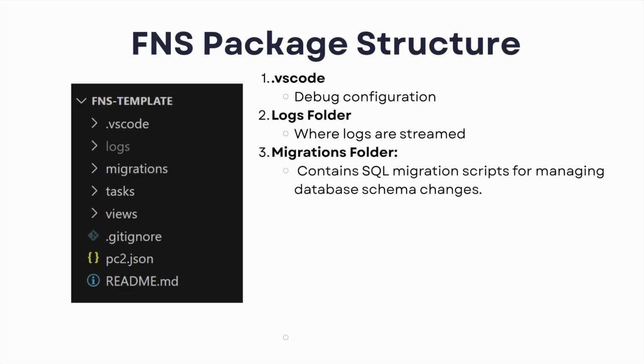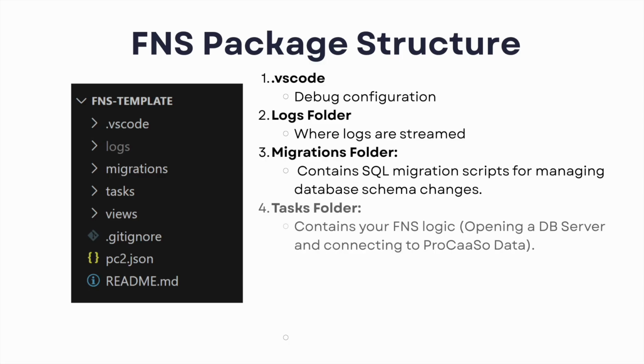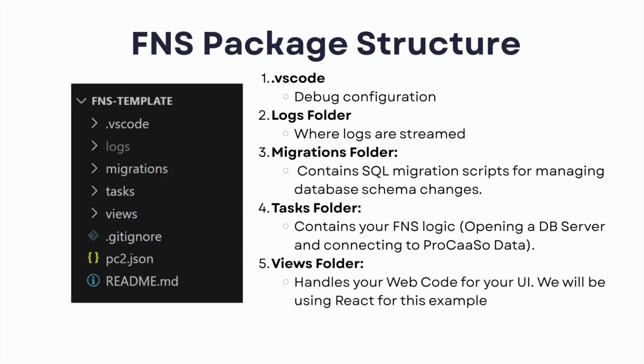The Migrations folder contains all the SQL scripts that manage your database schema. The Task folder contains the backend logic of your FNS. The Views folder contains the front-end logic of your app. And lastly, the pc2.json file, which is the configuration file that defines metadata about your FNS package.